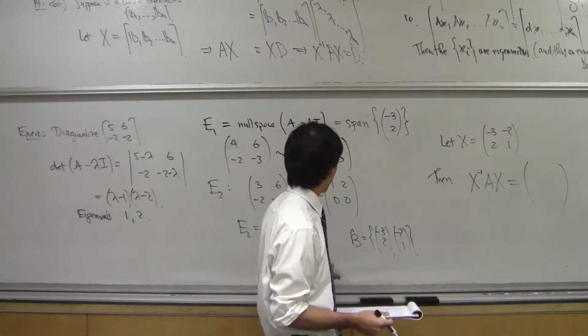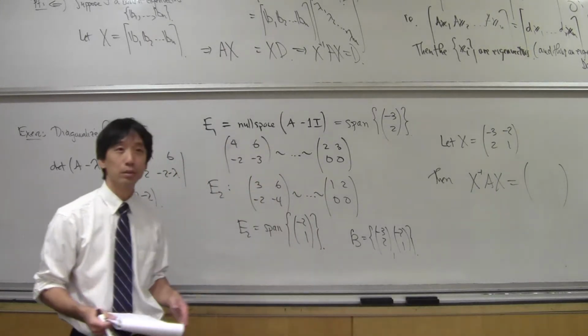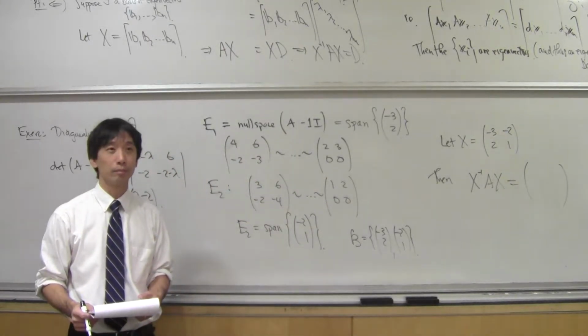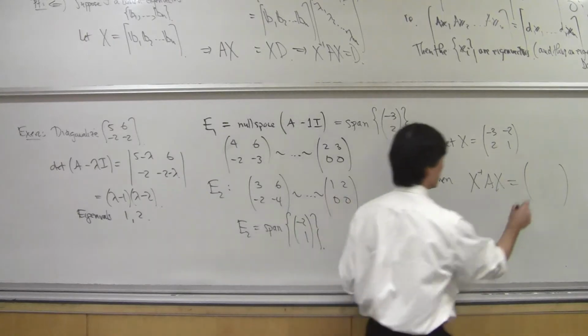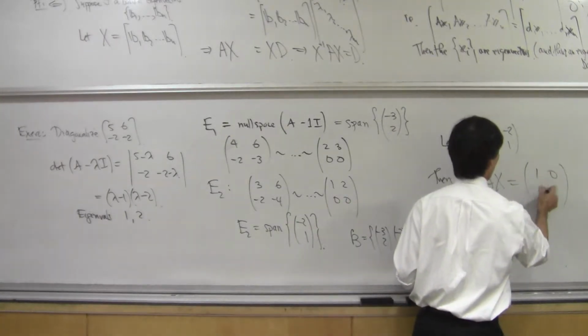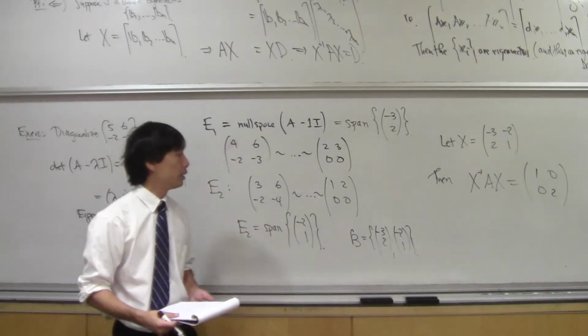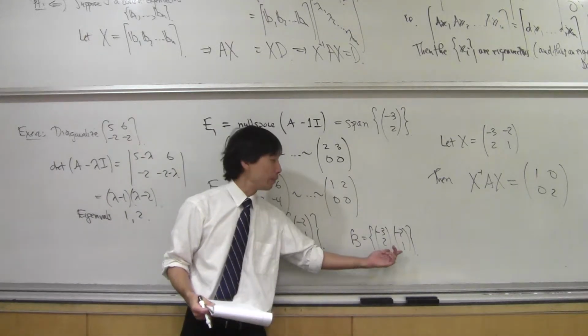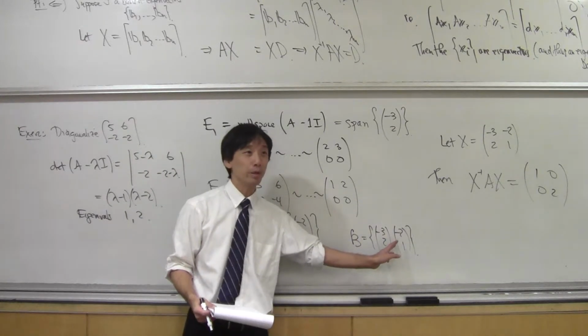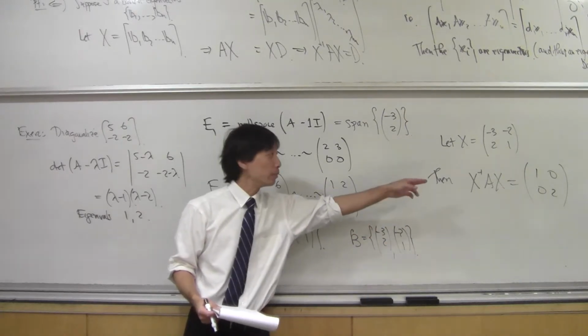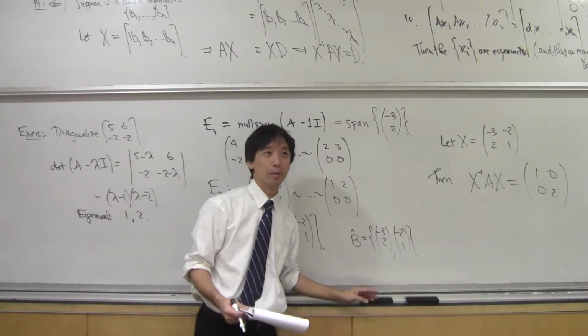What's the diagonal matrix? 1, 2. Diagonal matrix with 1 and 2 down the diagonal, right? If we had taken the basis in the opposite order, then the eigenvalues would be in the opposite order, right? It would have been 2, 1.